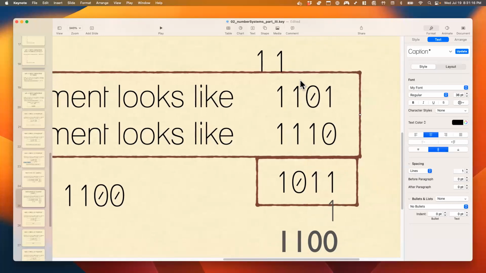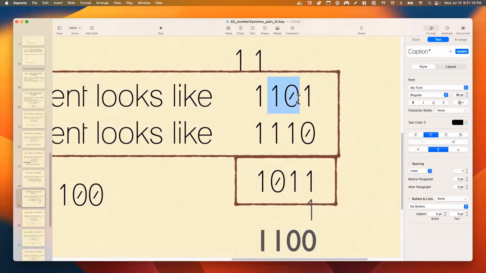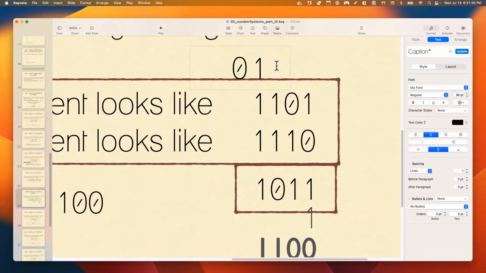Very simple. If when you added the 2 sequences, you didn't end up with a carryover that extends the most significant bit, so if there was no 1 here, there was just 0, then you don't have to do anything. It'll be the correct answer.